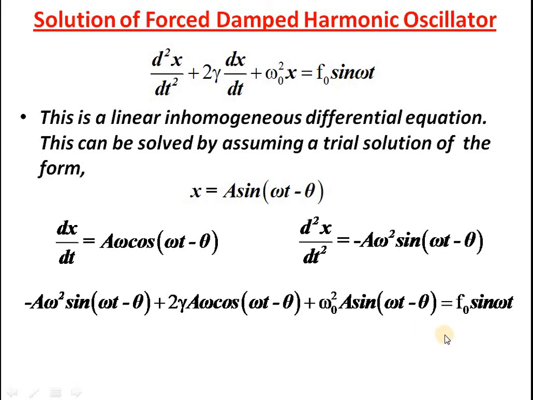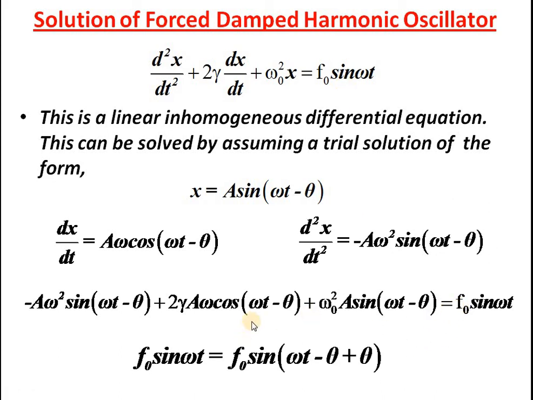Again, we have to solve this equation. We did a mathematical manipulation: the right hand side is taken like this, so that f0 sin omega t can be written as f0 sin(omega t minus theta plus theta). It makes no difference, but we have some advantage with it.